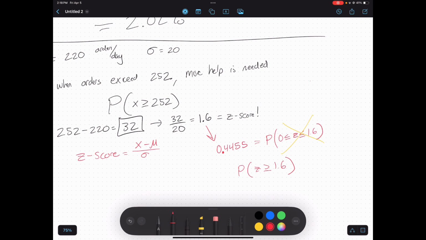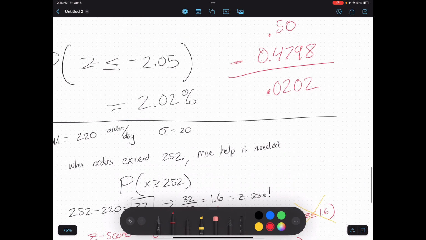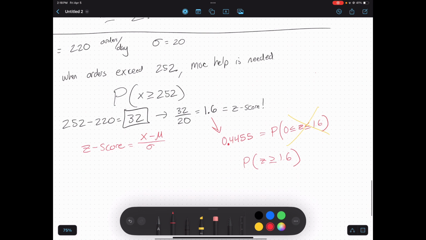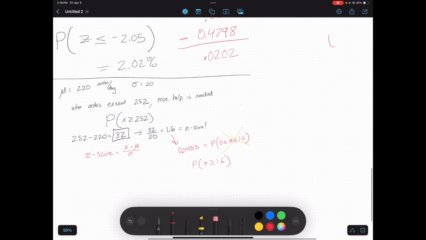Well, this ends up being a similar example to the one that we just talked about here. I'm going to draw a picture to help us. Here's 1.6. I want this area. What do I do? I take 50% and I subtract whatever this area is, which I know what that area is, right?